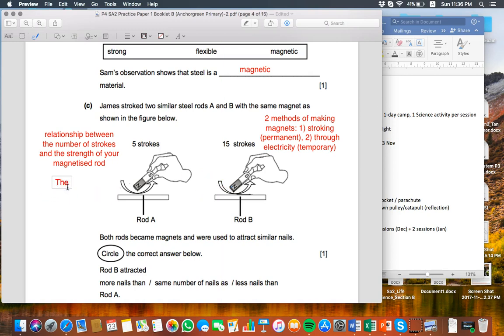So the more strokes exerted on the magnetic material, the greater the magnetism of the magnetic material.